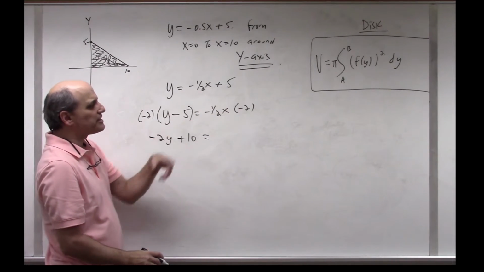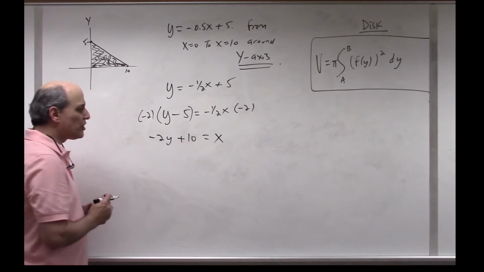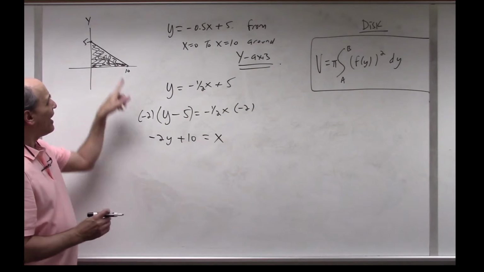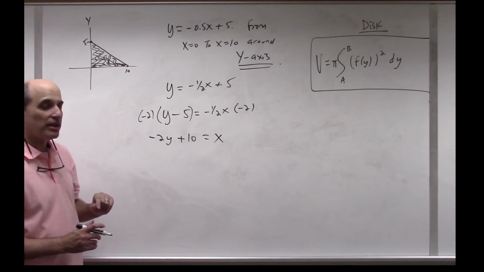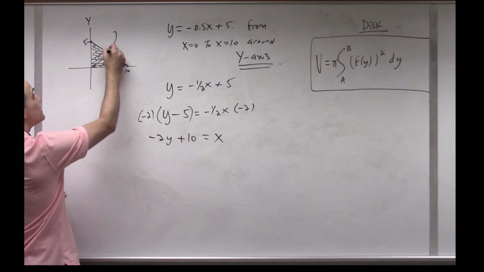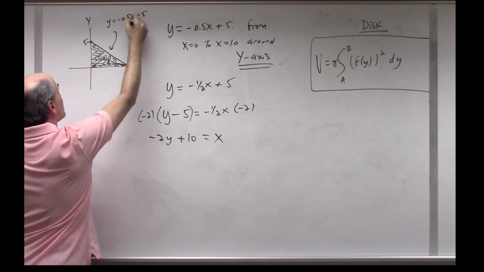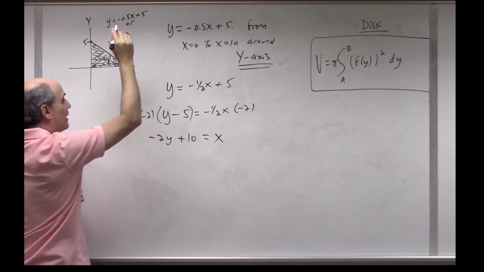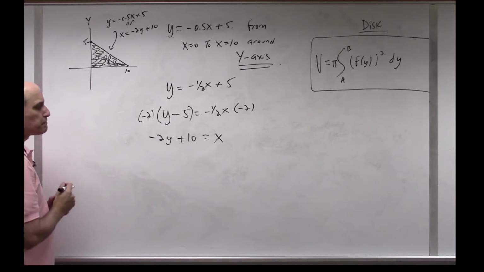Here, negative times negative is positive. 2 times 1/2 is 1. So in terms of y, this straight line is x equals negative 2y plus 10. That is, this line is y equals negative 0.5x plus 5, or x equals negative 2y plus 10.